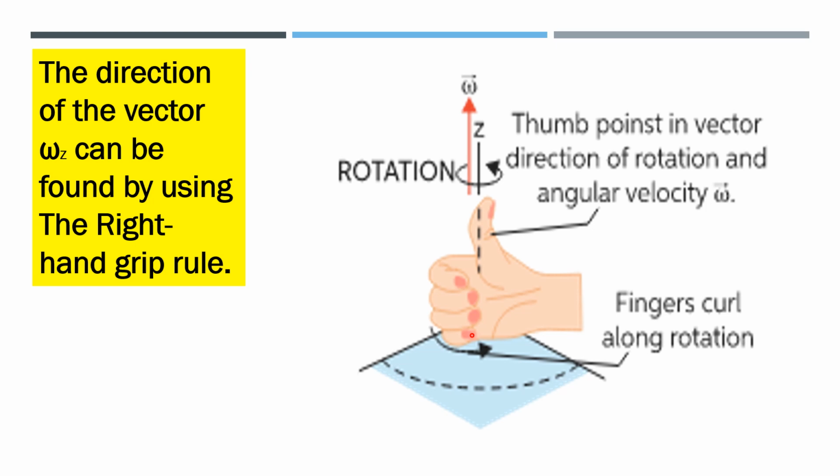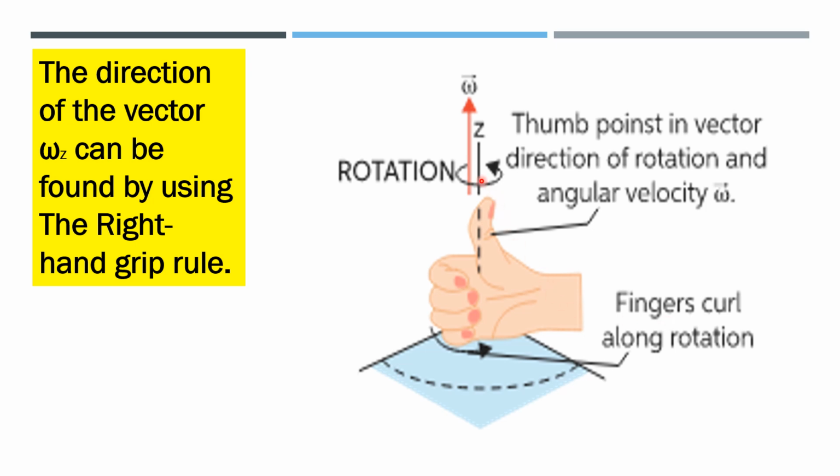Before you curl them, you extend them first so that they make a 90-degree angle with your thumb. The thumb is positioned such that it forms a right angle with the other four fingers. What you will do is curl the other four fingers along the rotation.